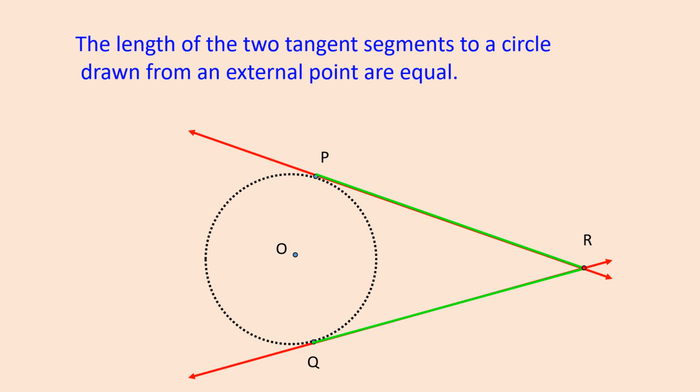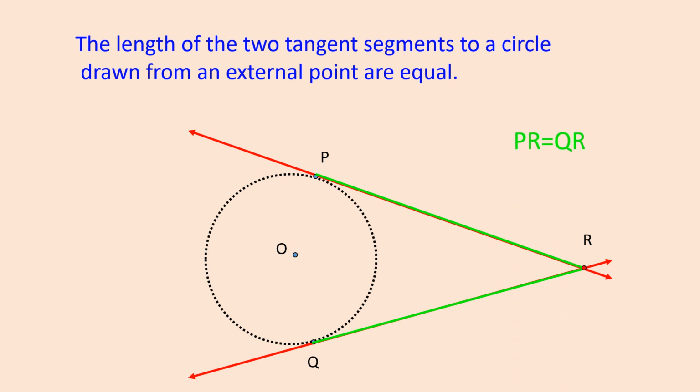We are not talking about a line, we are talking about a segment, and you know that a segment has two end points. Points P and R act as end points of one segment, and points Q and R will be acting as end points of the second segment.